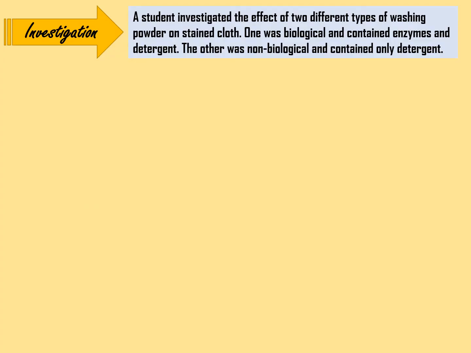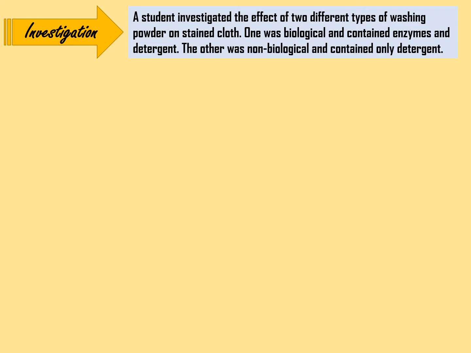Now, the first question in the Paper 6 exam will always be an investigation. In this investigation question, you're supposed to read the investigation carefully and rephrase it. For example, a student investigates the effect of two different types of washing powder on stained clothes.